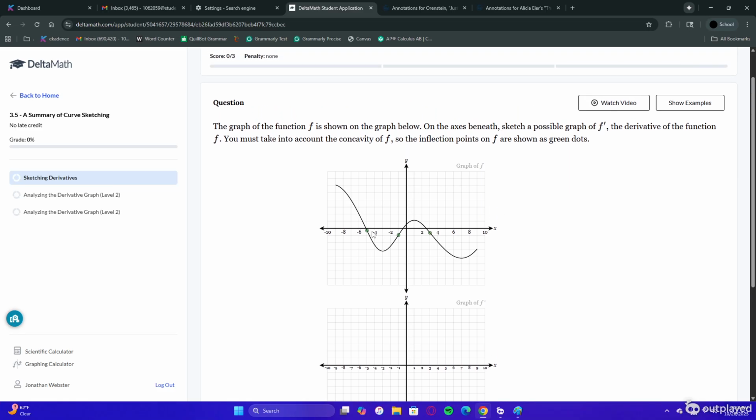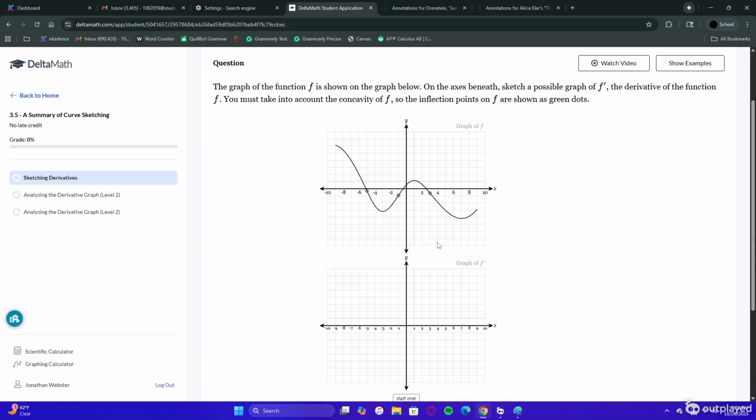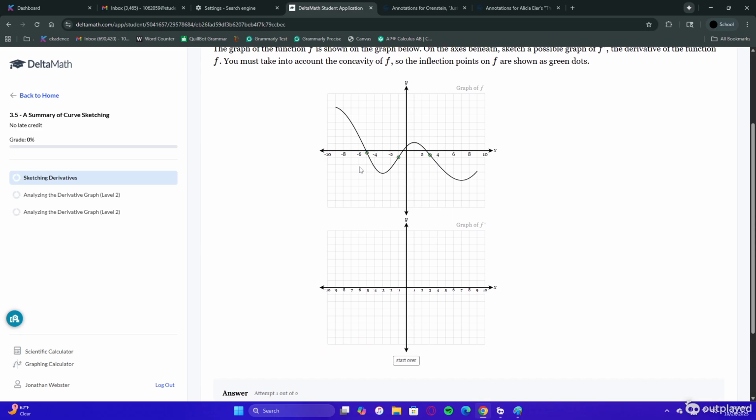And in this graph of f they give us the inflection points as well so we can see the concavity of the function. Now first you want to remember that whenever the graph of f is decreasing, f prime is going to be below 0, so anywhere there.